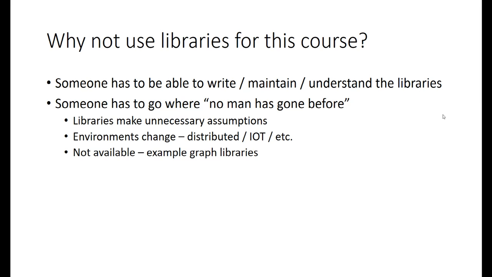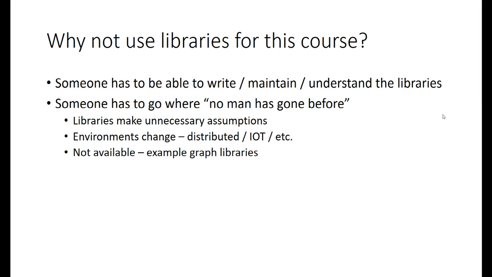Most schools will have half a dozen computing related majors, and in a lot of cases the difference between them is whether you can do something a little more involved like we've done in this course, a little more involved maths and things like that. A lot of overlap between some of them. It's basically to get people that can't quite cut computer science into the game. So someone has to be able to write, maintain, and understand the libraries, and that person majors in computer science.